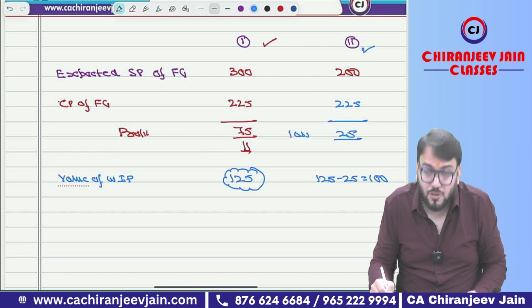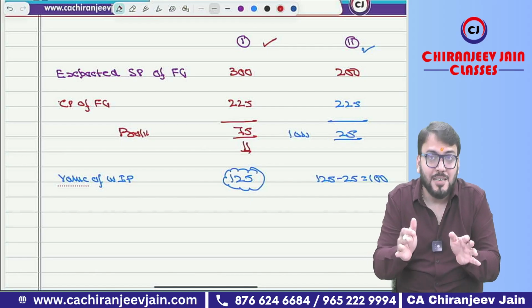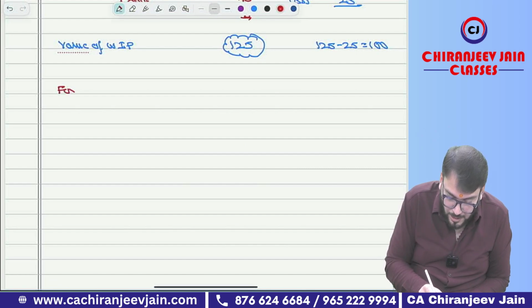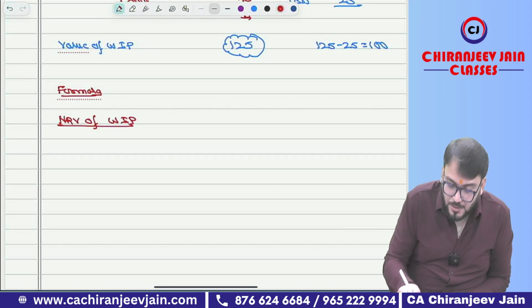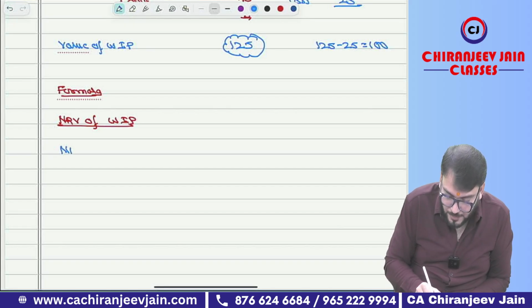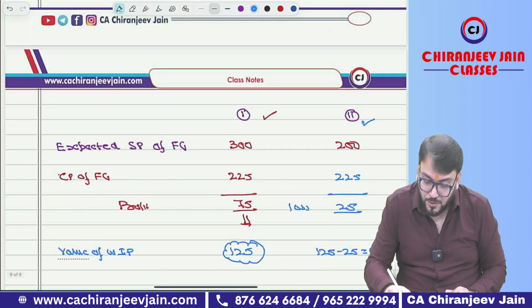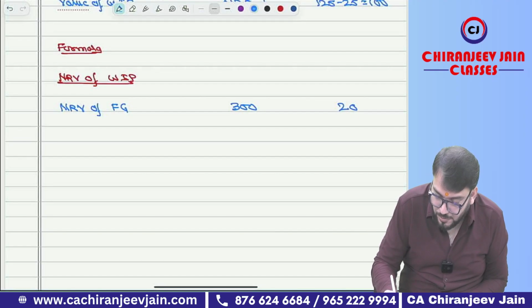Okay, sir. Have you understood the concept? This is actually the concept, and the same concept has been given by one formula in AS2. So what is the formula they have given? Formula to find out NRV of WIP. So they say first find out NRV of finished goods which will be produced from that WIP. So NRV of finished goods will be 300 and 200 in the different cases.